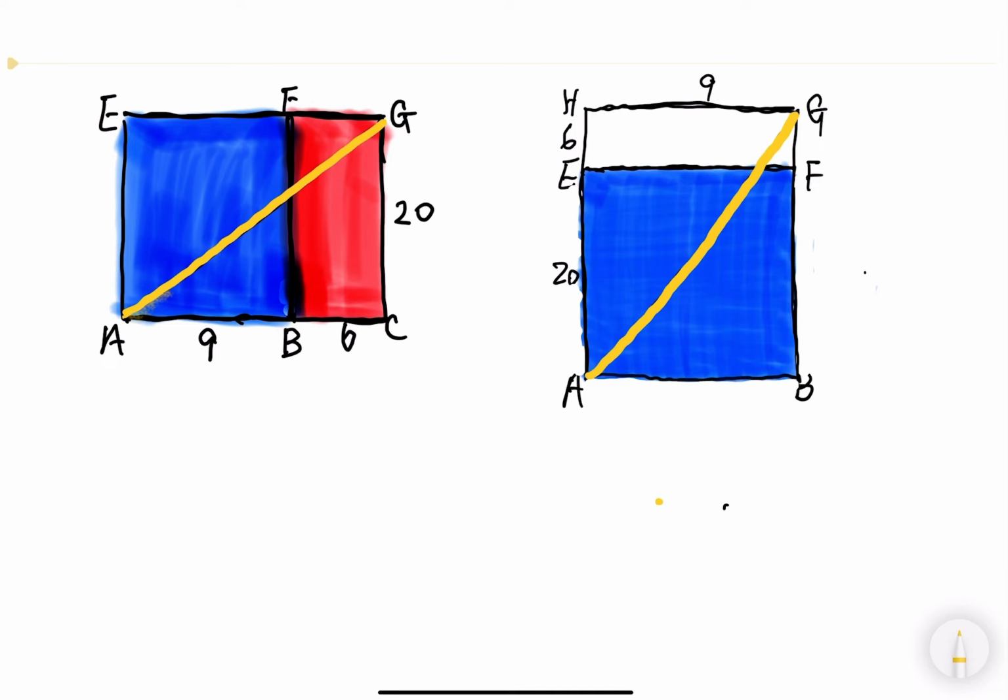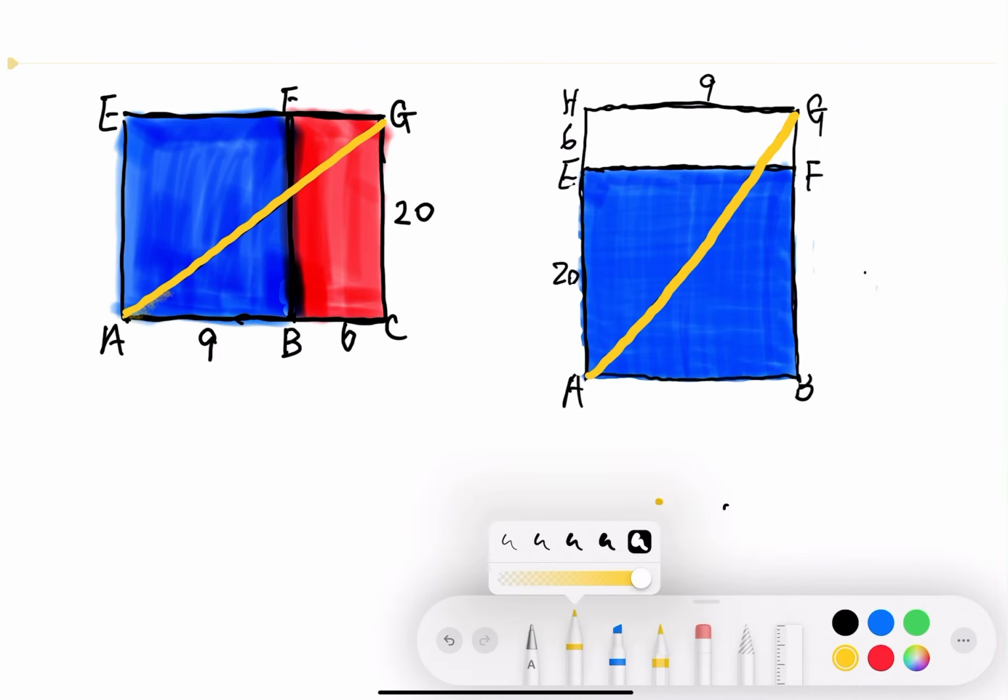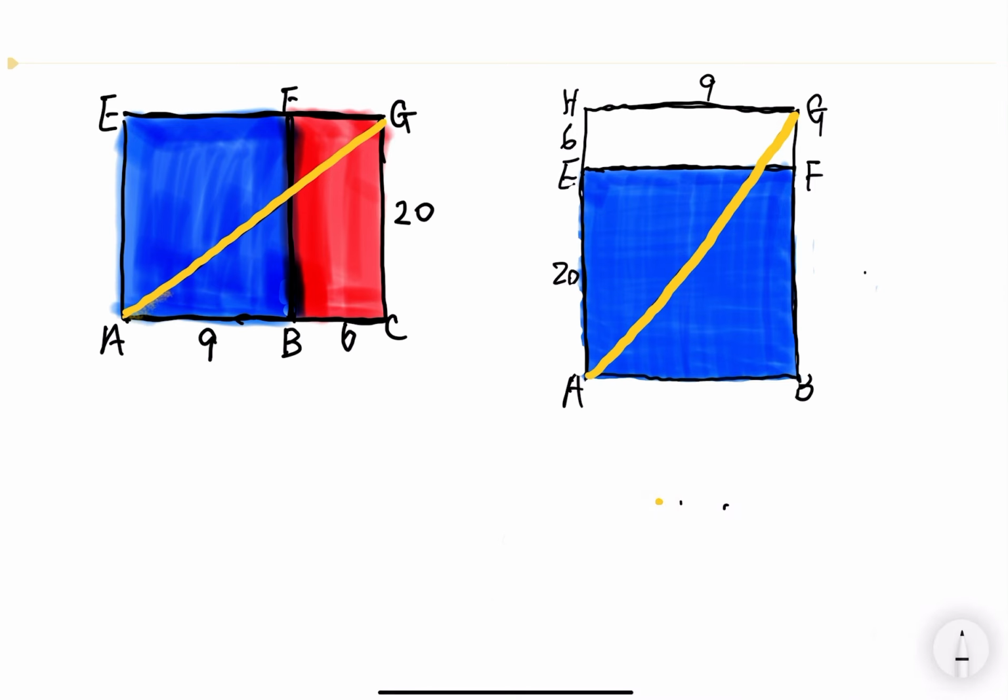Because it's flat and the dimensions are there, we can do the calculation. Do you know how to do the calculation? Of course you know, right? We're going to use the Pythagoras theorem. So AG here could be equal to the square root of 15 squared plus 20 squared, which equals 25.